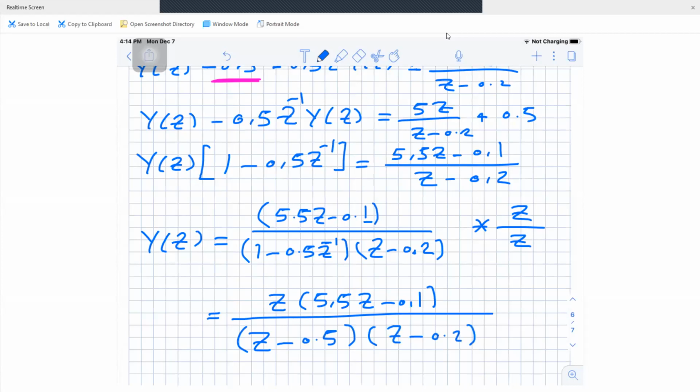We have multiplied by a single z over z. Now, the second objective: we have expressed the system in terms of y of z. So this is the y of z.